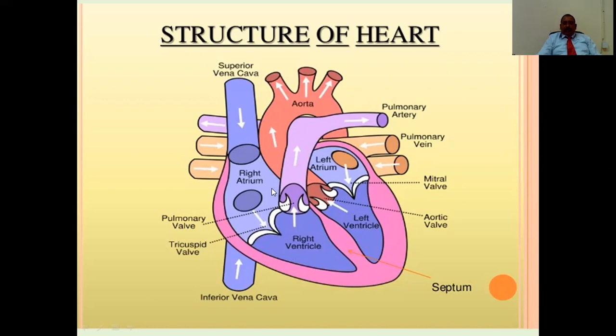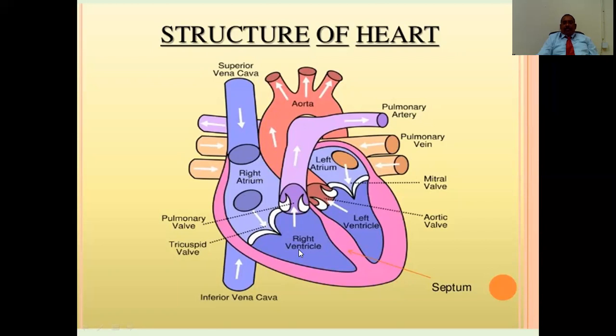The blood will be pushed into the right ventricle, and the pressure here will slowly increase. At a particular point, this valve closes and the right ventricle goes for contraction. Previously it was in diastole when it was receiving blood from the right atrium.